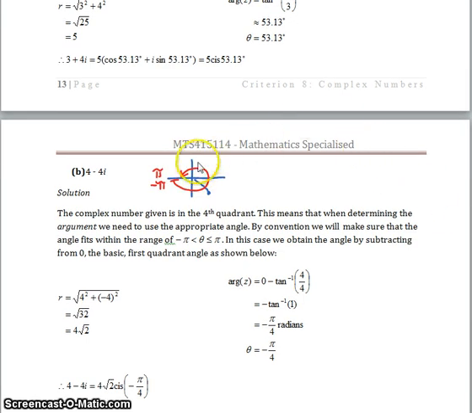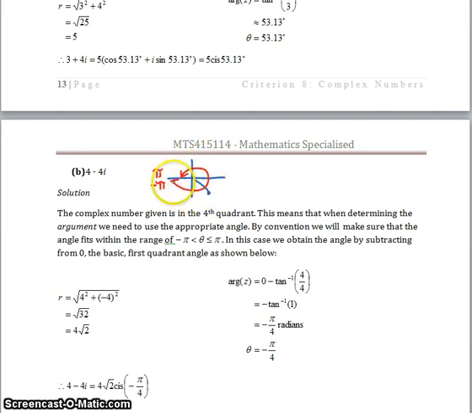Because our angle is in the fourth quadrant, we're going to make sure that this angle fits within this range. So the easiest thing for us to do is to think, here on this side is 0, so rather than going around all the way positively, that's going to be pi plus another pi on 2 plus this angle here.